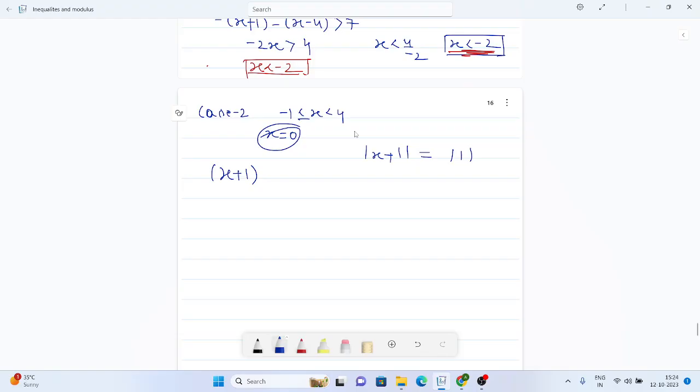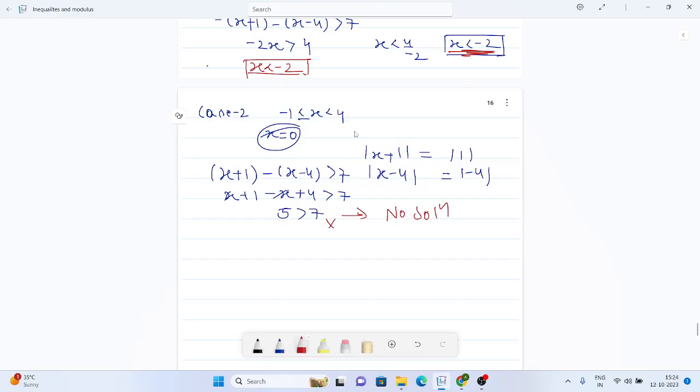Sorry, I wrote it wrong earlier. When I put 0 in mod x minus 4, it gives minus 4, so I write this bracket with a negative sign, minus of (x minus 4), and it is greater than 7. So you get x plus 1 minus x plus 4 is greater than 7, which gives 5 is greater than 7, which is totally wrong. This means there is no solution. In case 2, you don't get any solution.